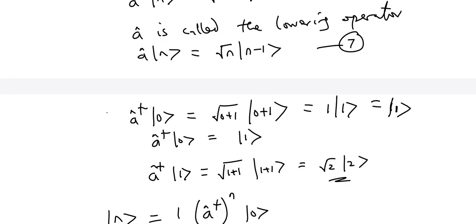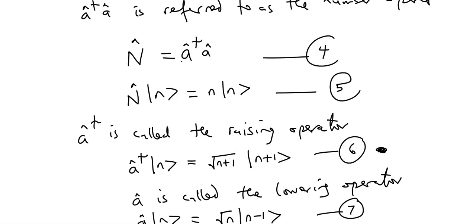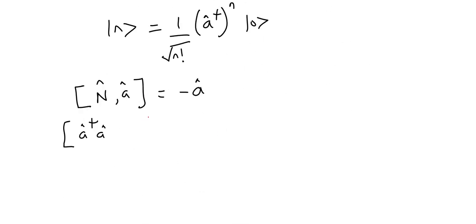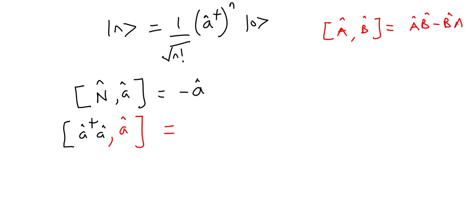So the commutator bracket is a dagger a, comma a. Recall from our commutators that when you have the commutator of A comma B, the answer is AB minus BA.